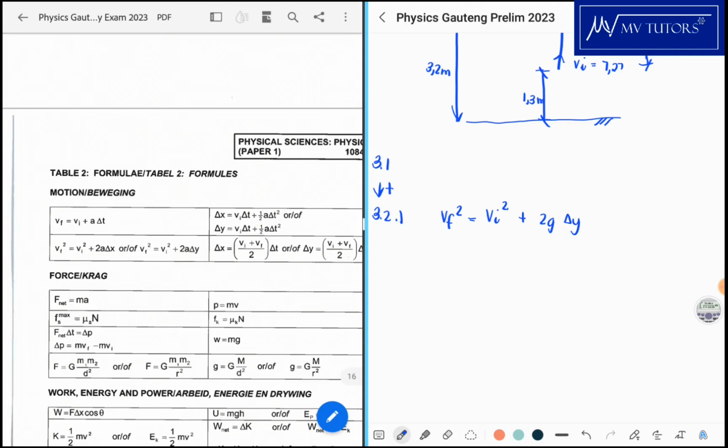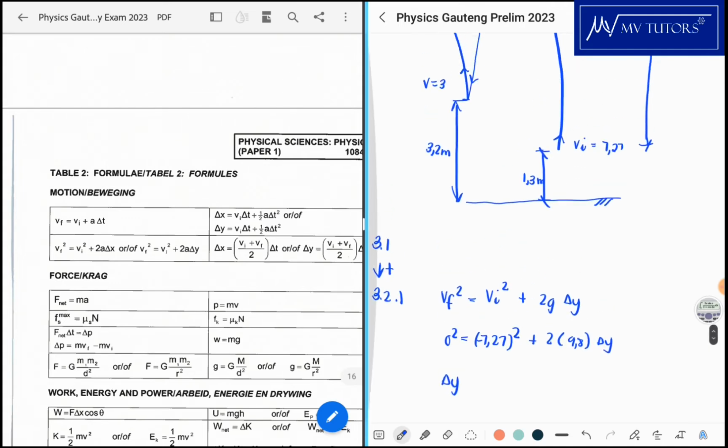Our final velocity is 0. Our initial velocity, because we're taking downwards as positive, is negative 7,27 squared, plus 2 times positive 9,8, and we're going to calculate delta y.